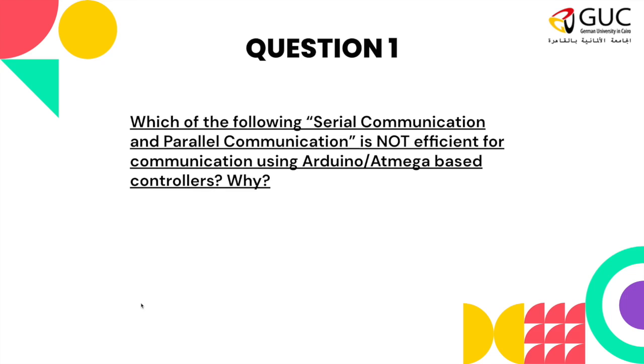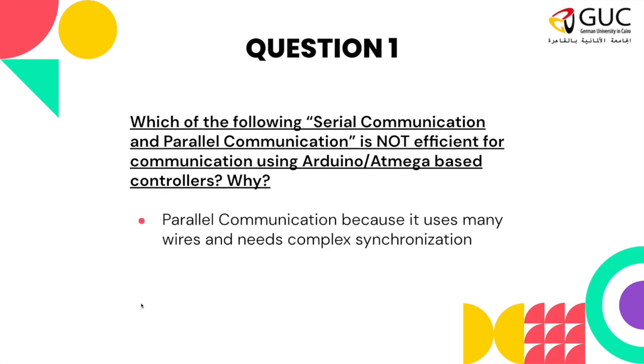So which of these two is not efficient to be used on Arduino and Atmega microcontrollers? It is the parallel communication, because it uses many wires and needs complex synchronization. If I want to send 1 byte at a time in parallel communication, I will connect 8 wires, which uses a lot of lines, which means it will use a lot of pins.